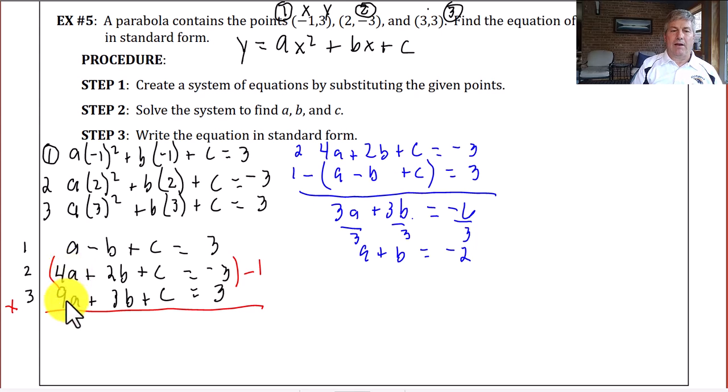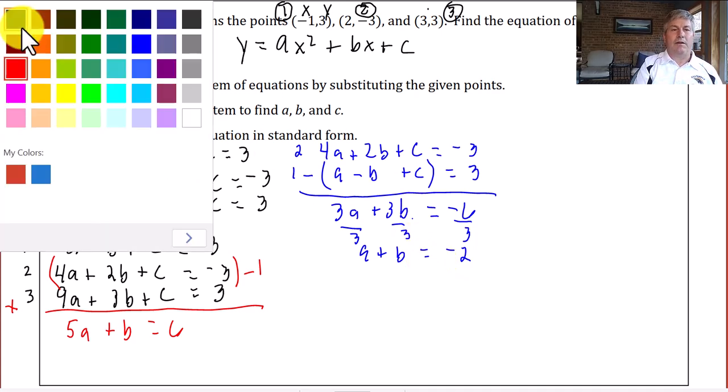And I get -4a plus 9a leaves me with 5a. I get -2b plus 3b leaves me with a positive b. Negative c plus c drops out, and 3 plus 3 equals 6. So I have 5a plus b equals 6. And I have a plus b equals -2.